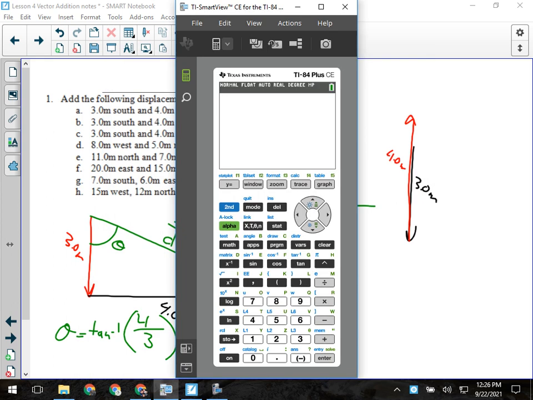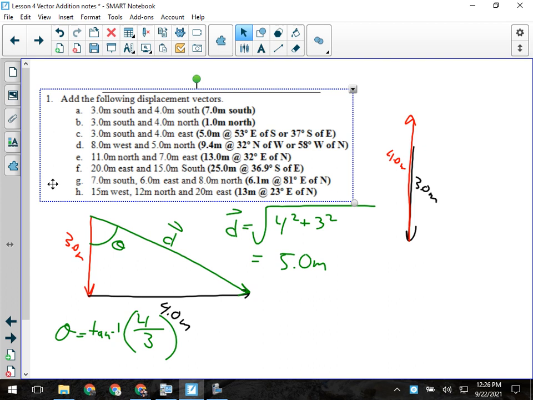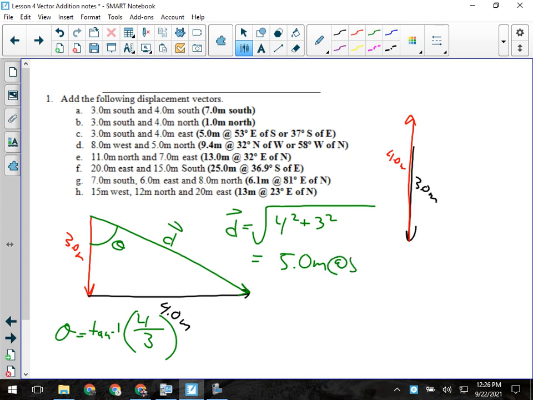So we get inverse tan of 4 divided by 3, and we got 53 degrees as our angle. And which direction is that? Other way. Not south of east, but east of south.